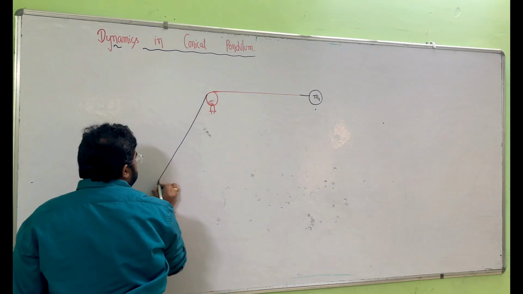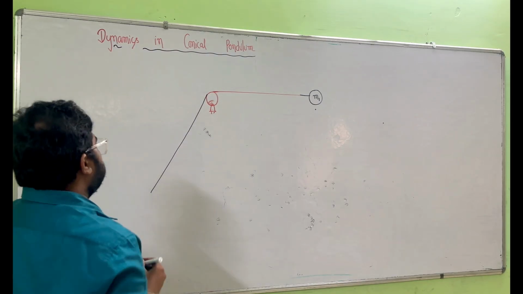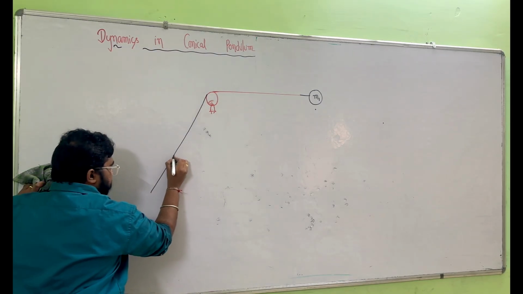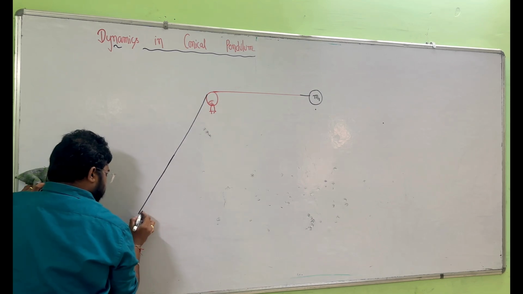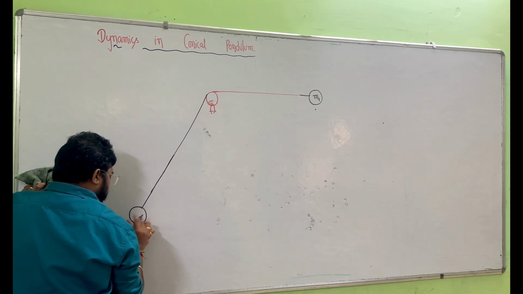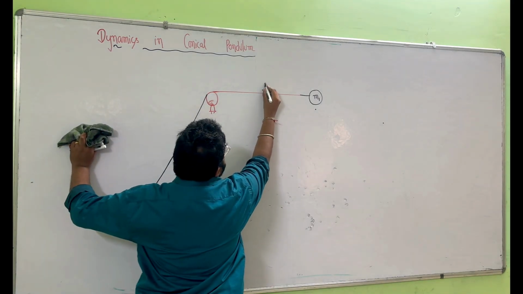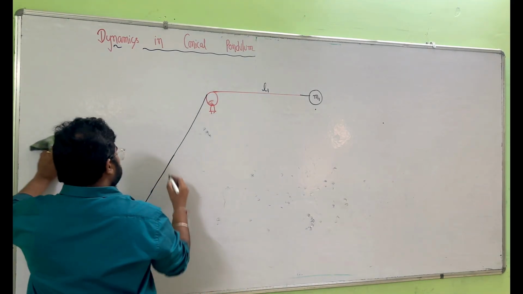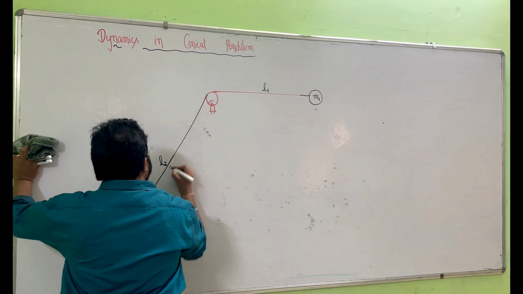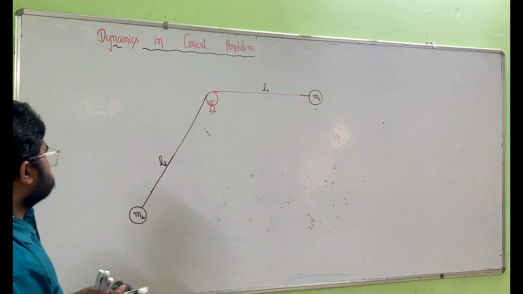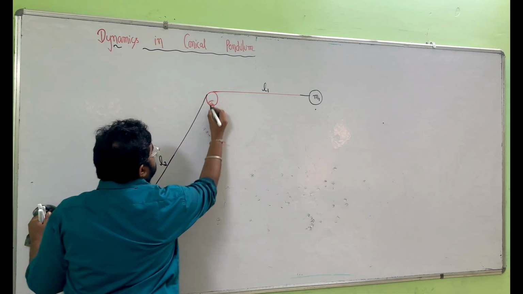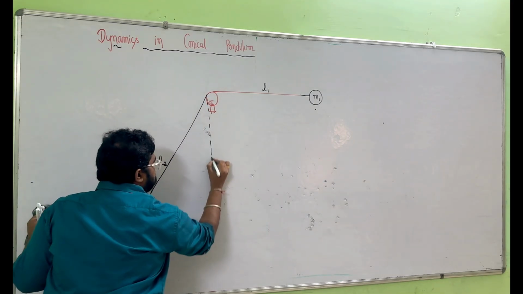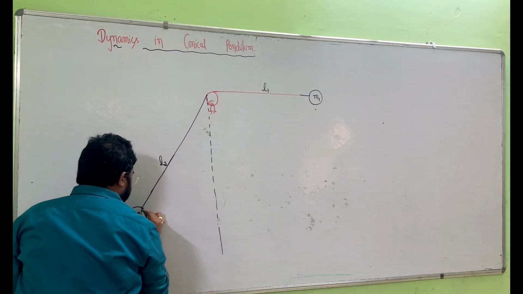Here, same string, same tension. This would be mass M2, this would be length L1, and this would be length L2, here to here. It's a conical pendulum.